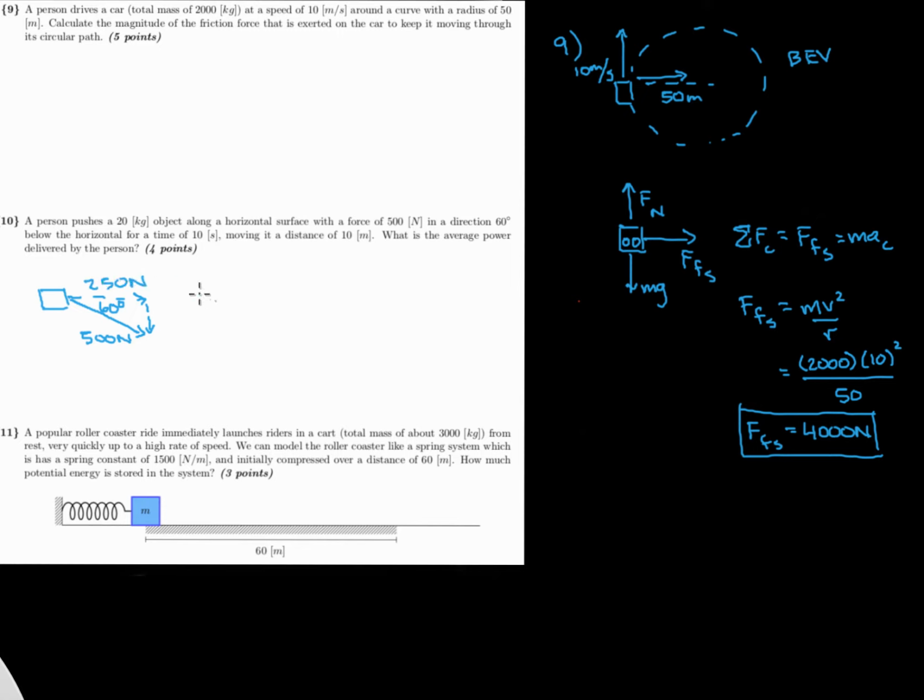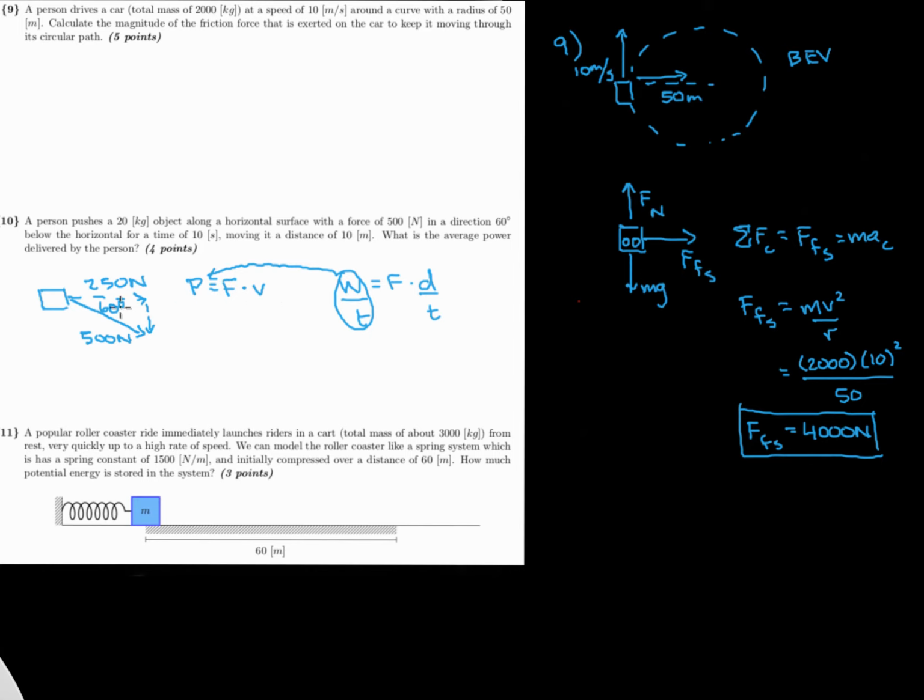Do you know this equation, power equals force times velocity? It just comes from work equals force times distance, but you divide by time on both sides. Force times distance divided by time is power, and distance over time is velocity.